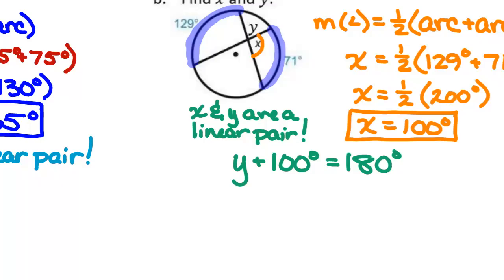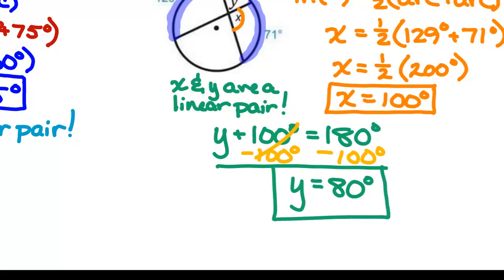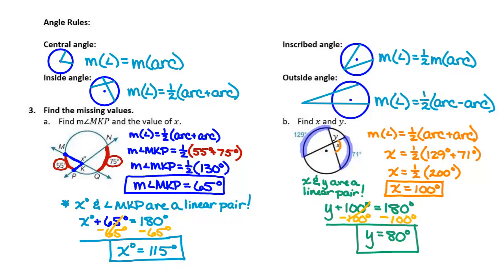So then we subtract 100 from both sides. And that means Y is how big? Y is 80, yes. Lovely, lovely, lovely.